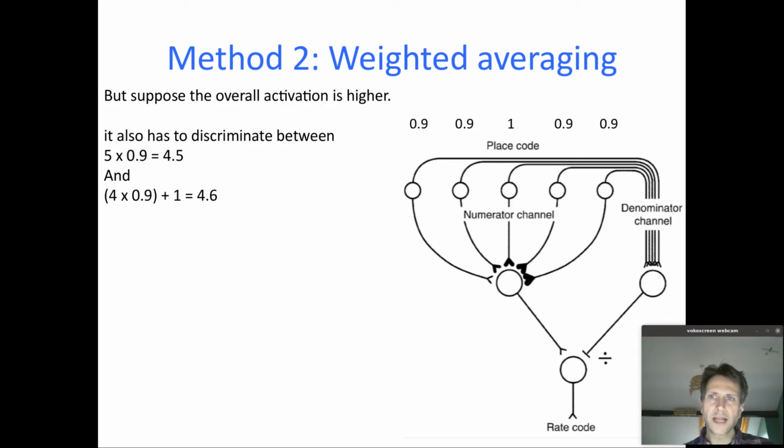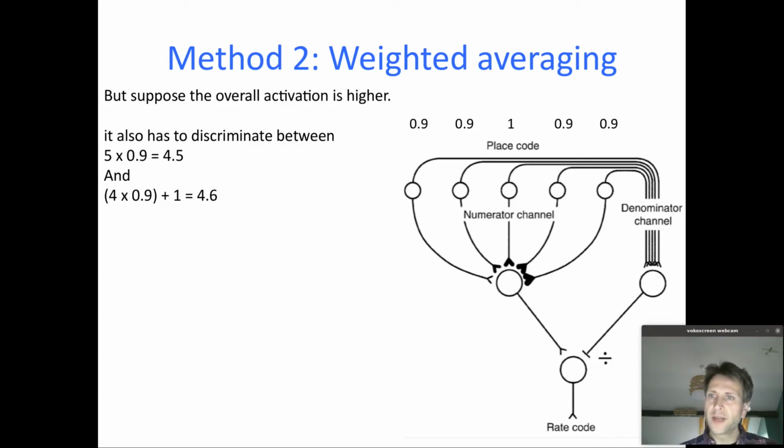So that denominator channel has got to be able to discriminate between all of the inputs being 0.9, which means essentially no input, and all of them being 0.9 except for one of them having its maximum output of 1.